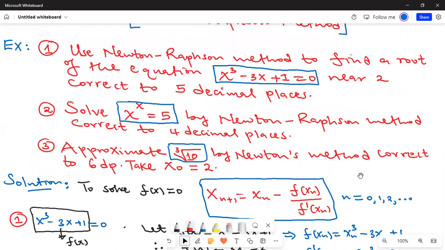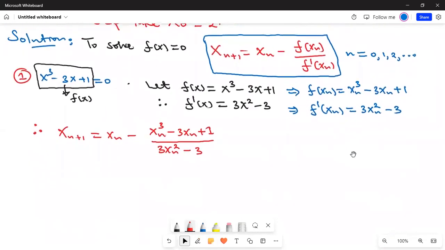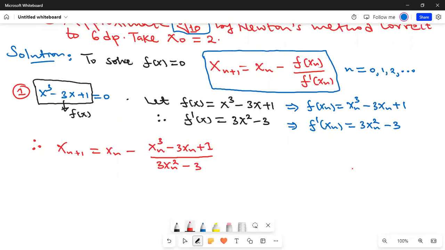So the 2 there will be our x naught. You can write here, for n equals 0, 1, 2, etc. And in this case, our x naught equals 2. That's the starting value for the initial guess.